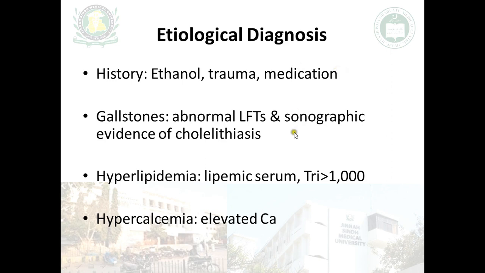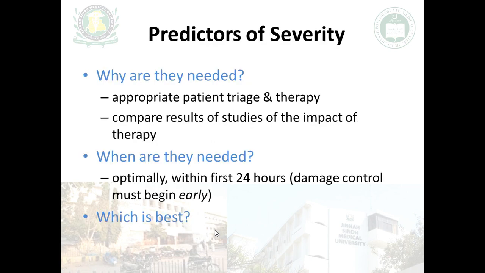Second, the ultrasound: the patient is having gallstones or has abnormal LFTs. Or on the lipid profile, there is a triglyceride level more than 1000, meaning hypertriglyceridemia. Or hypercalcemia, with elevated calcium levels. So these will help you in finding the reason behind the acute pancreatitis.